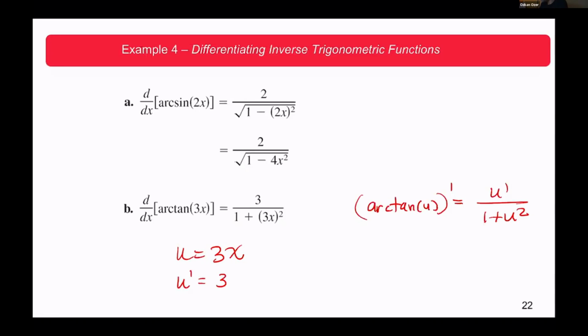So we plug both into the formula, so arctan 3x has the derivative 3 over 1 plus 3x squared, which is 3 over 1 plus 9x squared. Okay? All right, any questions so far?